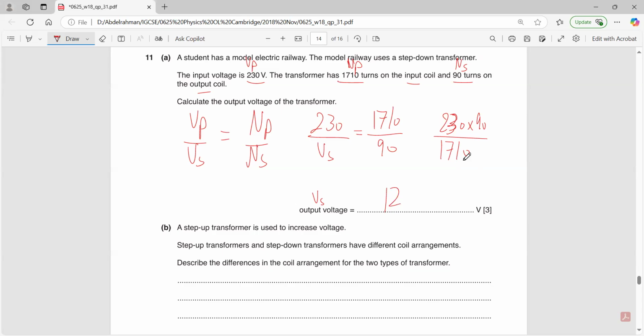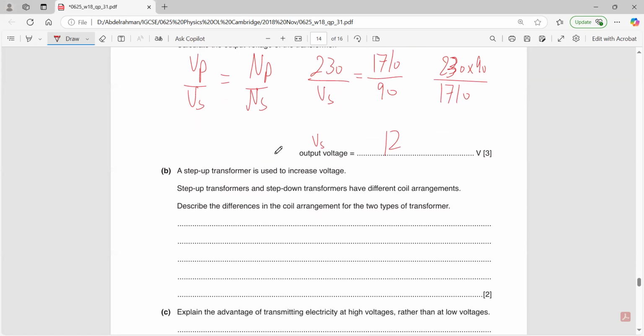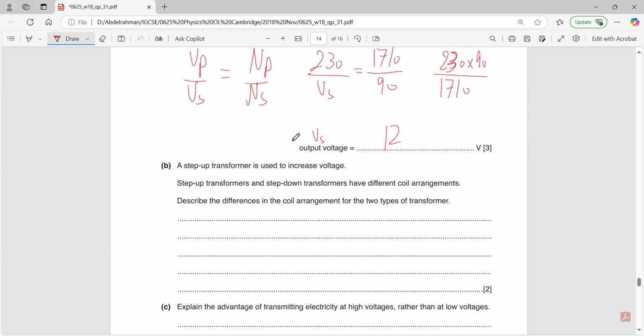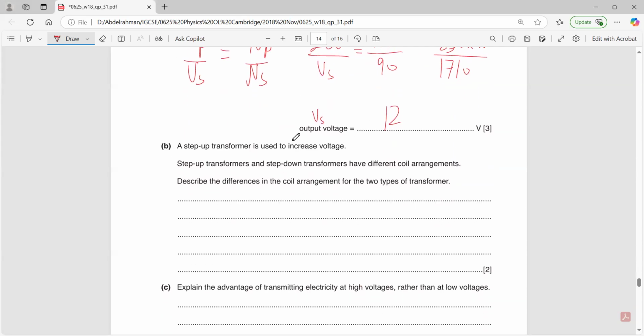Moving on to question B. A step-up transformer is used to increase the voltage. Step-up transformers and step-down transformers have different coil arrangements. For the coil arrangements, you can write either one or you can write both.